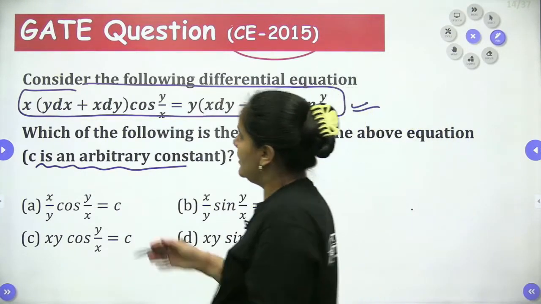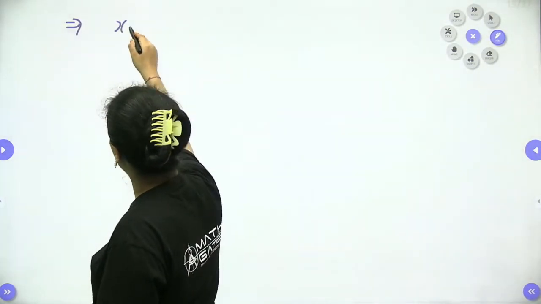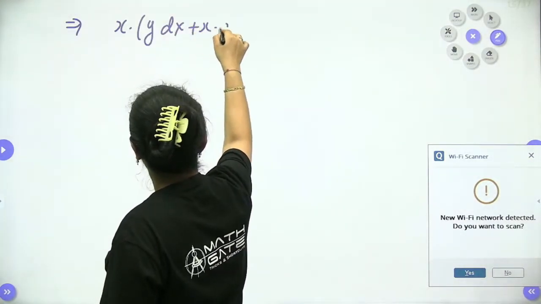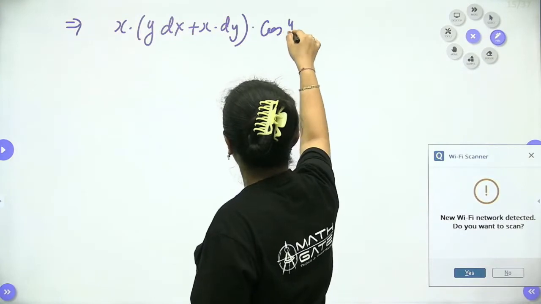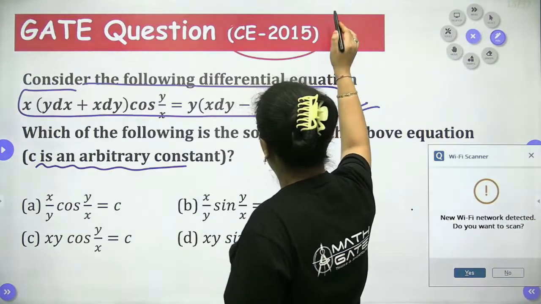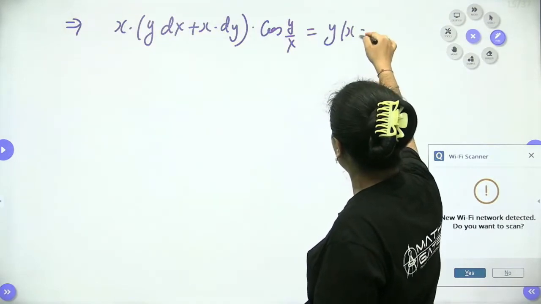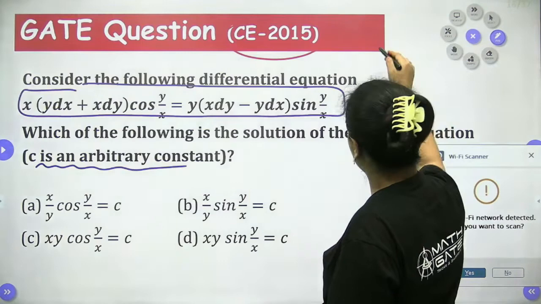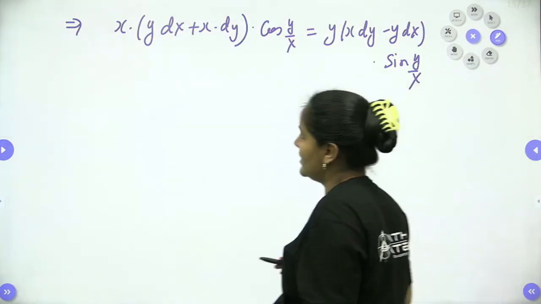How will we approach it? First of all, we will arrange the given differential equation. Let me write down the equation: (x y dx plus x dy) times cos of y by x, plus y times (x dy minus y dx) times sine of y by x. Let's arrange this equation in a simpler manner.